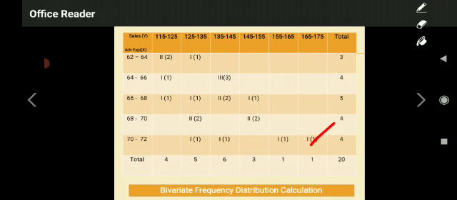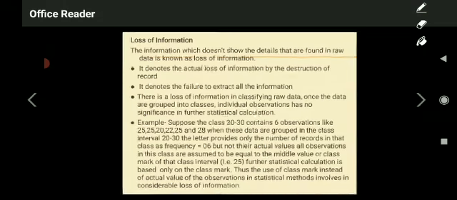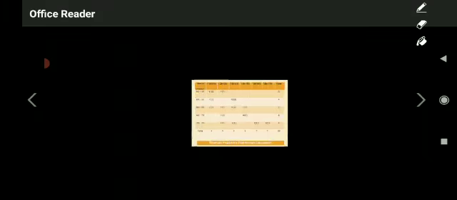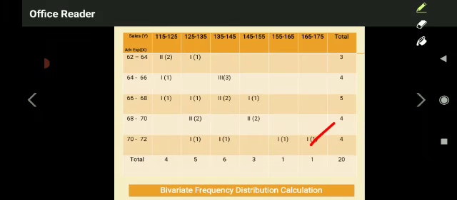Where is 135 lying? 135 is falling in the 135 to 145 column, and 65 is falling in the vertical angle, in this class interval.